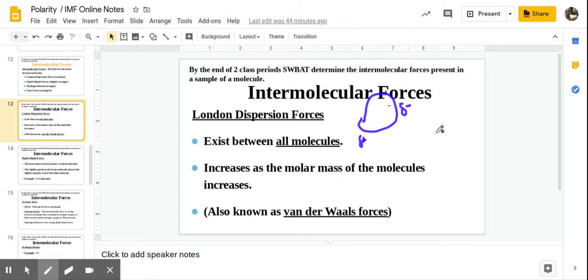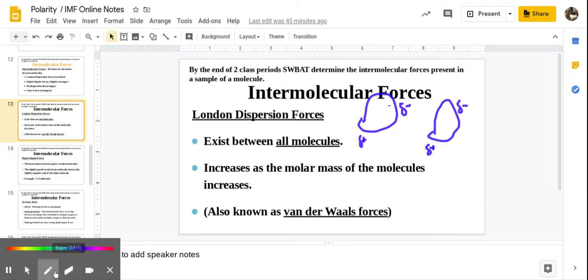So let's say we have another molecule that has its electrons distributed like this. This side has more electrons, so it will be slightly negative, and this side has fewer, so it will be slightly positive. Okay?